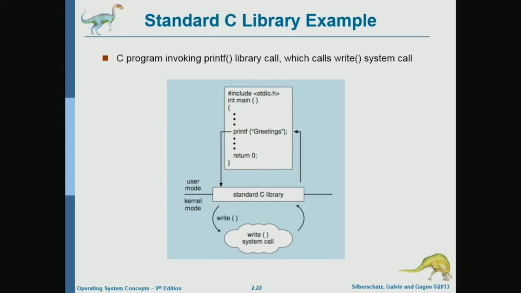So it is implemented as a system call because the standard C library will translate this into the right system call that writes to the screen. So just the idea here is that some of the standard library functions that you use in the language that you are programming in, whether it's C or C++ or Java or Python or whatever, they are implemented as system calls.